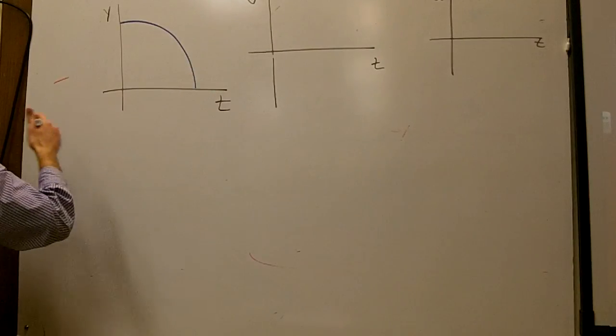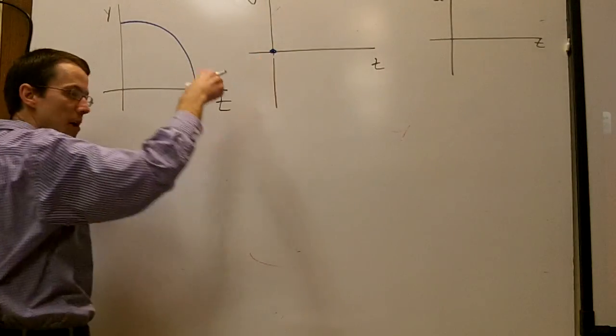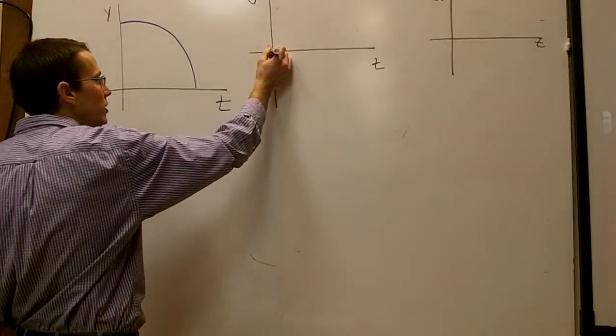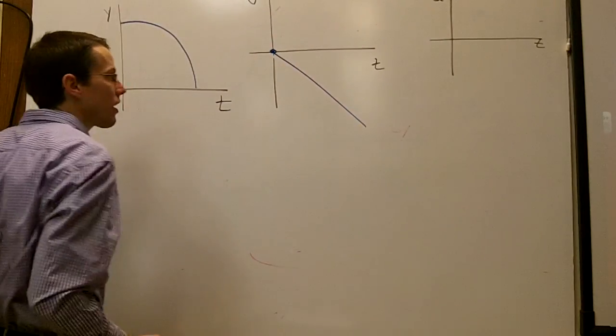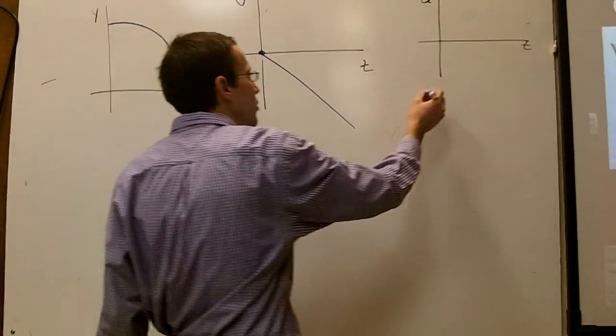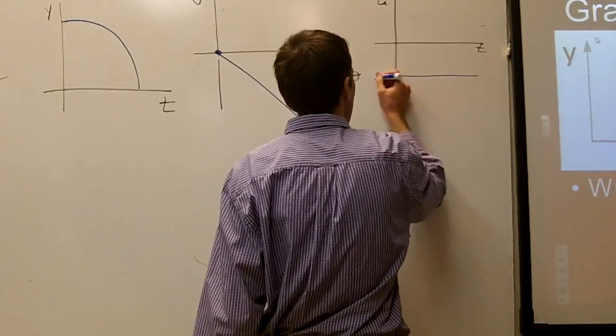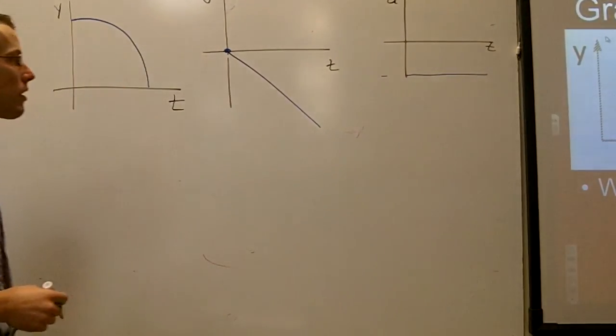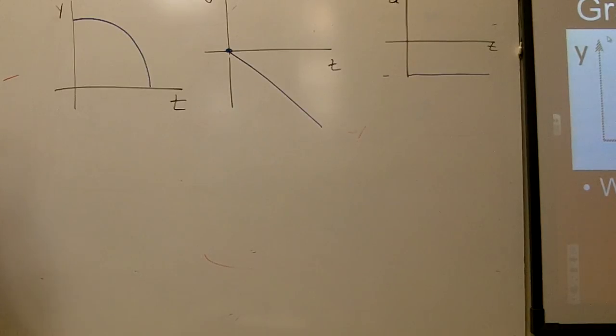Our v versus t starts at 0 at the top of a drop. You start at 0 and then you increase in the negative direction. That's negative slope, so our a versus t looks like this in the negative direction. That's our basic graphs for free fall.